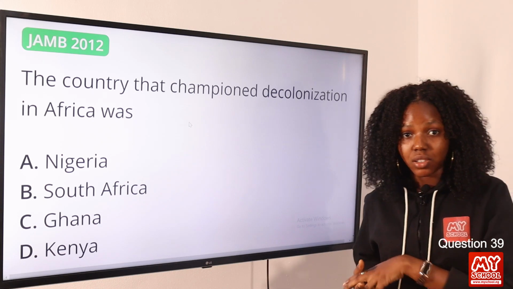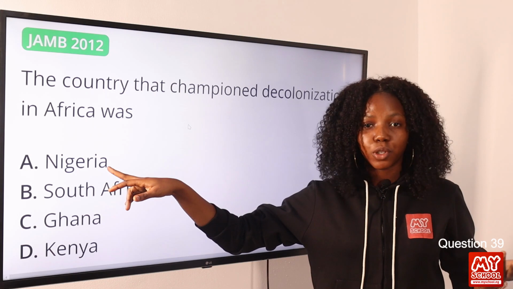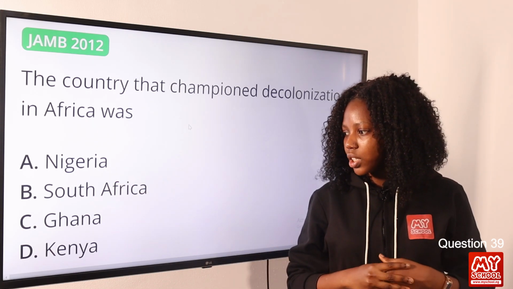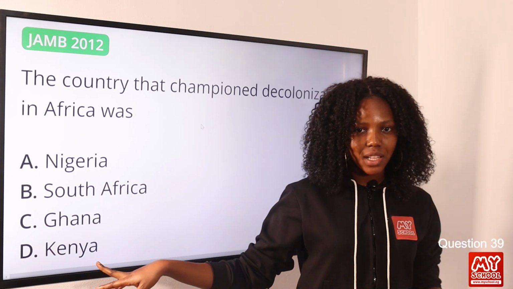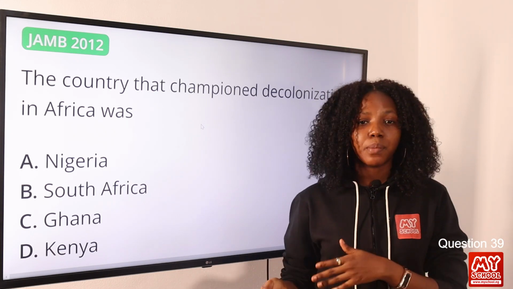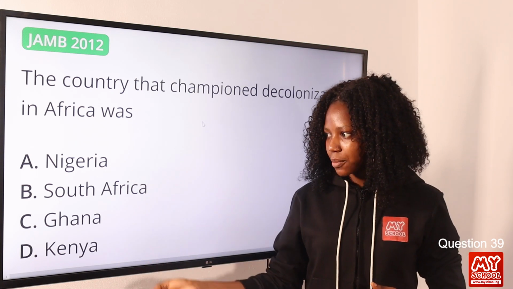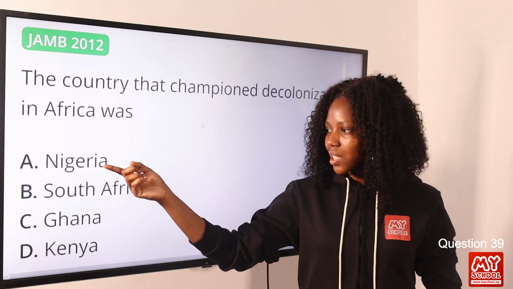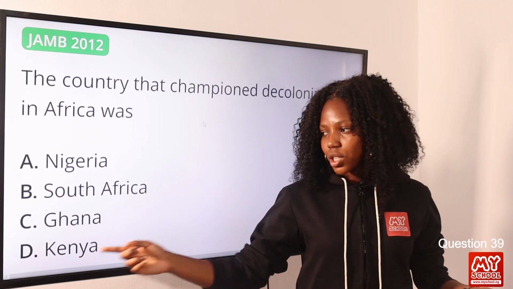Nigeria gained independence on the 1st of October 1960. South Africa gained independence on the 31st of May 1961, and then Kenya, which is the last, on the 12th of December 1963. So in chronological order, the first is Ghana, 1957, followed by Nigeria 1960, then South Africa 1961, and Kenya 1963. So the answer to this question is option C, Ghana.